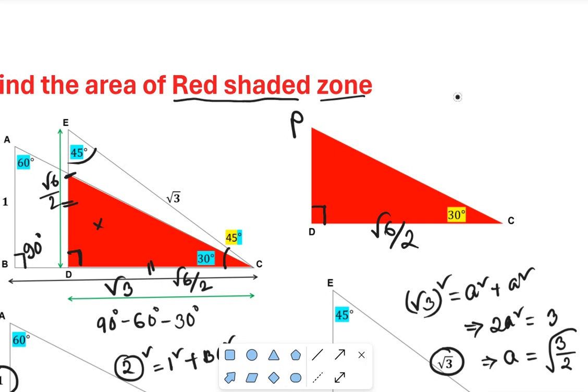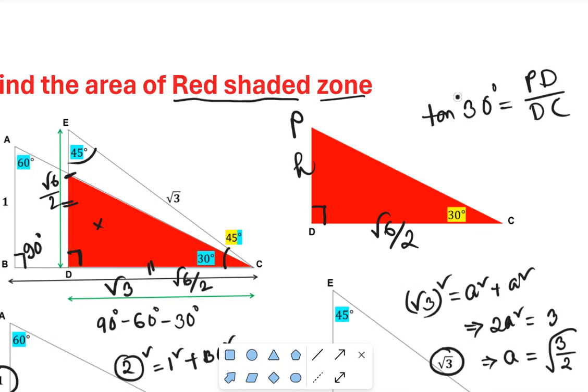Indeed, what we have to do, we could write down tan 30 degree is equal to the perpendicular of this triangle, that is PD. Let's say PD is H, which is the height of this triangle, and the base is DC, which is the value of root 6 by 2.